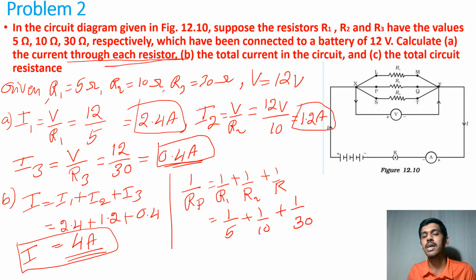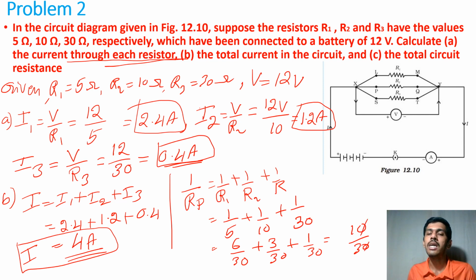So which can be written as 6 by 30 plus 3 by 30 plus 1 by 30, which is equal to 6 plus 3, 9 plus 1, 10. 10 by 30, which is equal to 1 by 3, which is equal to 0.33 ohms. That is the actual value of the total resistance in the circuit.